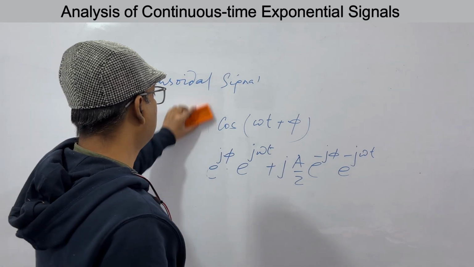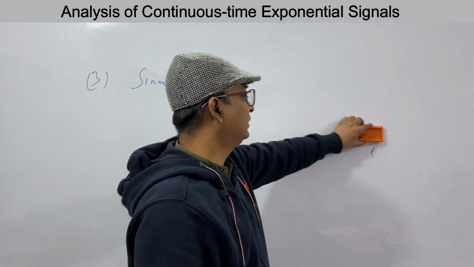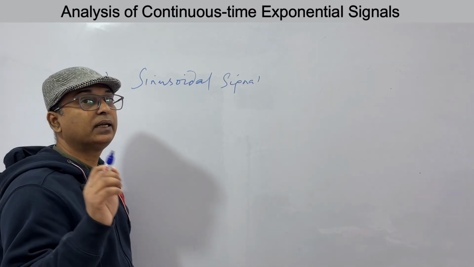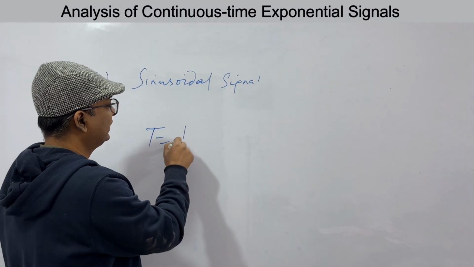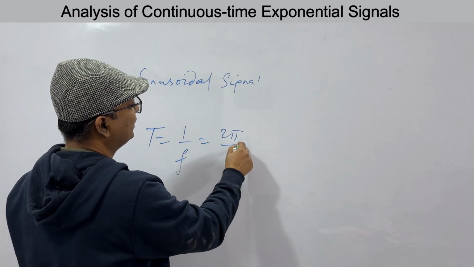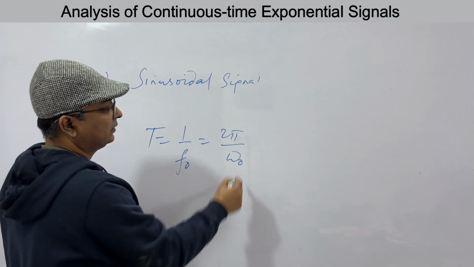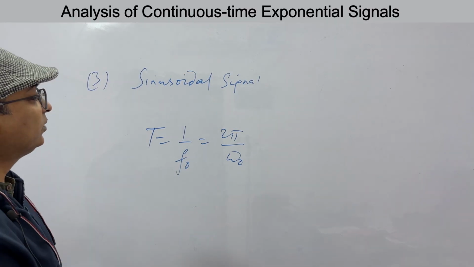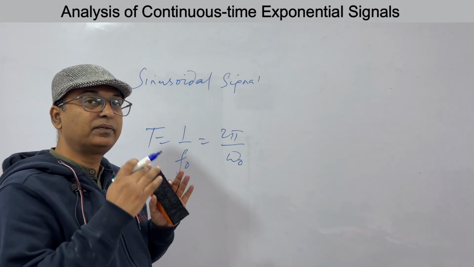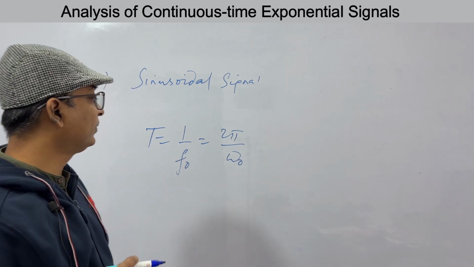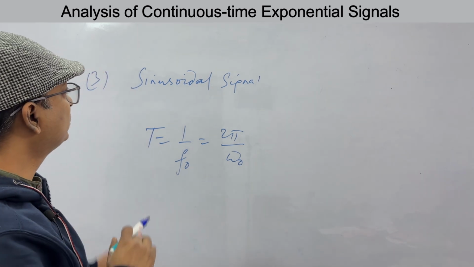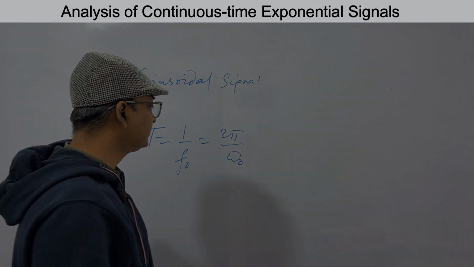So at omega equal to 0, the fundamental frequency is undefined. The fundamental period we define as 1 by f, which is 2 pi by omega. So for omega equal to 0, the fundamental frequency will not be defined, and the rate of oscillation will be 0. This is how we express sinusoidal signals.